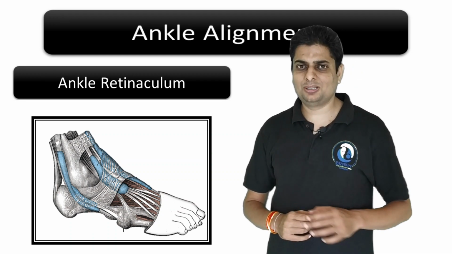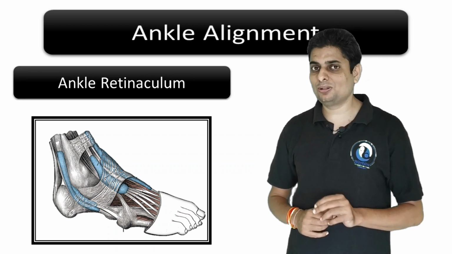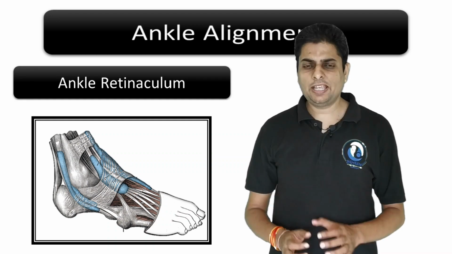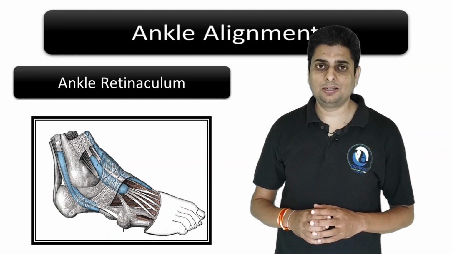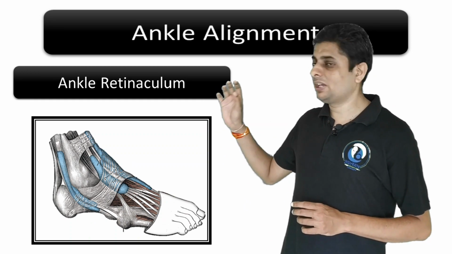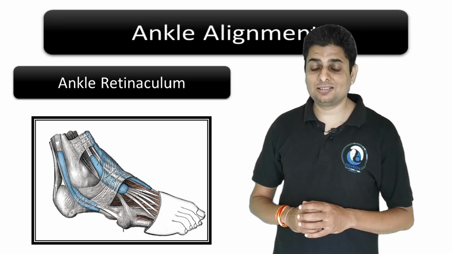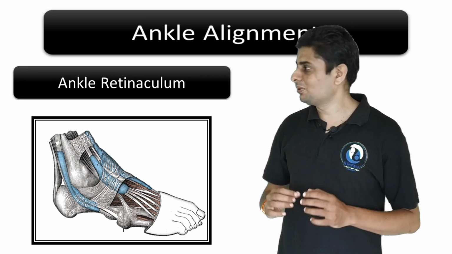As we all know, a structured sensory input can modulate a motor output. Proprioceptive input from the ankle retinacula provides a precise position sense of the ankle, and thus has the potential to modulate our motor response.